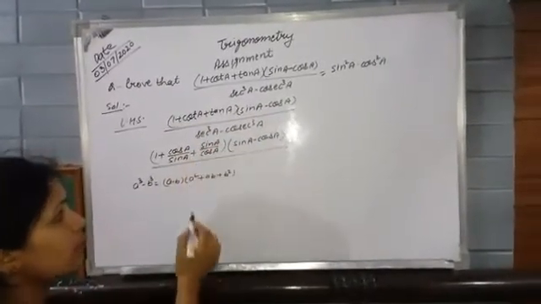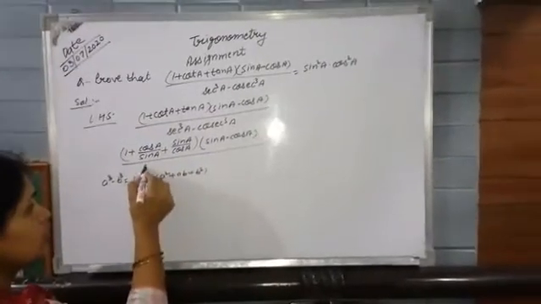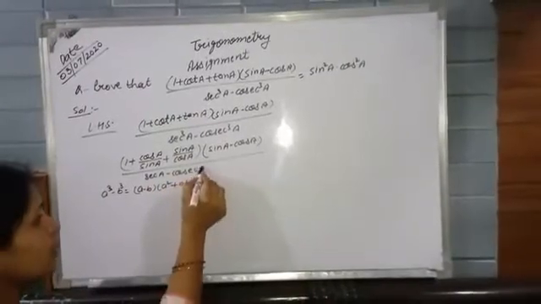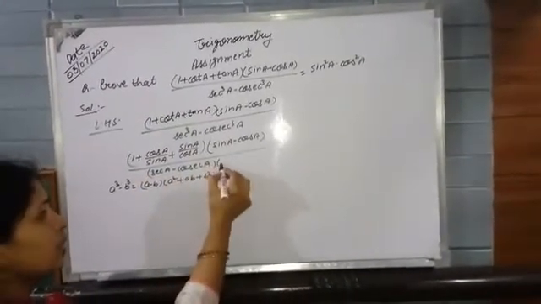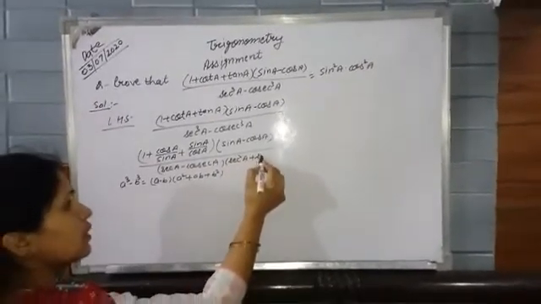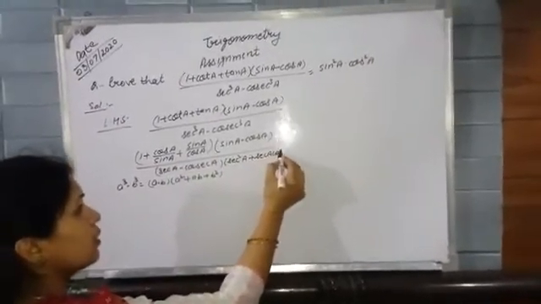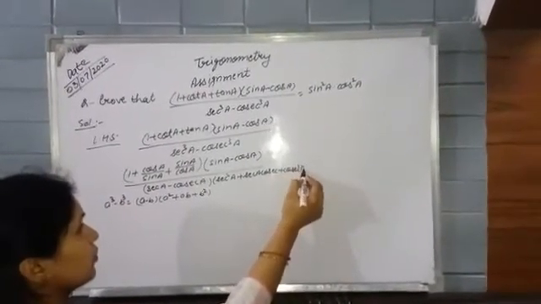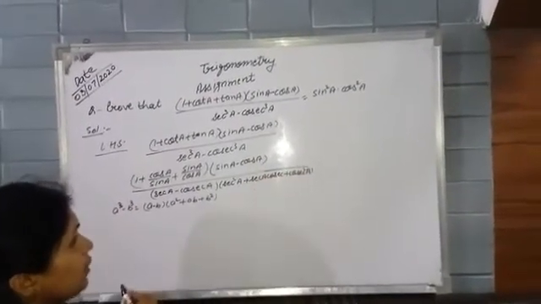Now secant cube A minus cosecant cube A can be written as (secant A − cosecant A) into (a square + ab + b square). So this is the denominator.